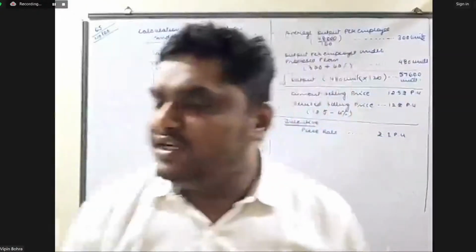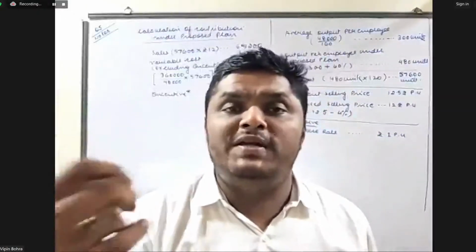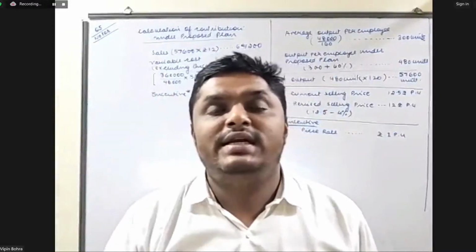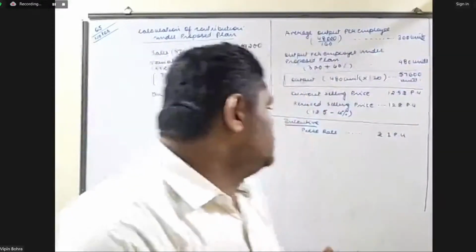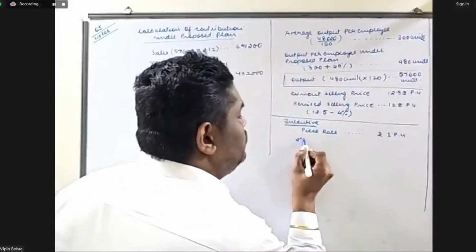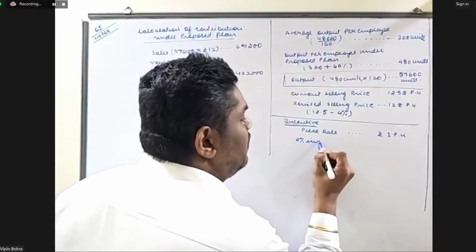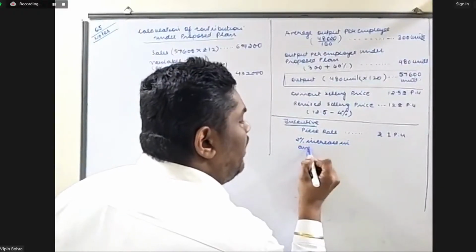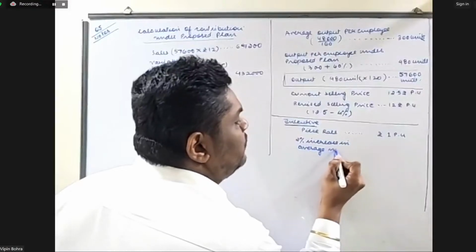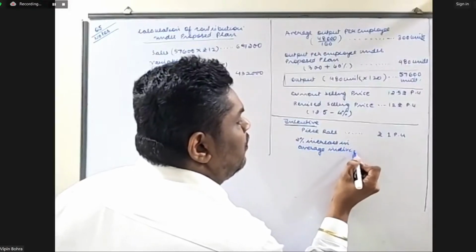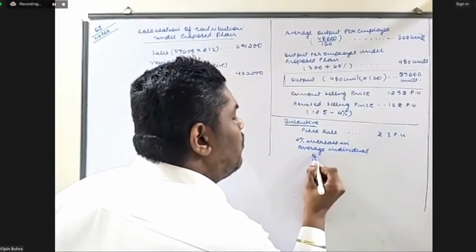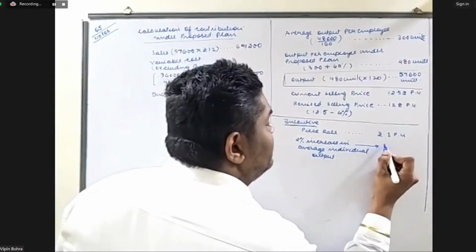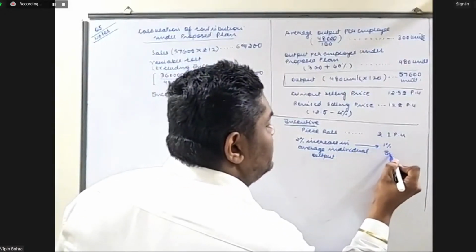It is given that for every 2% increase in average individual output, the incentive is 1%.